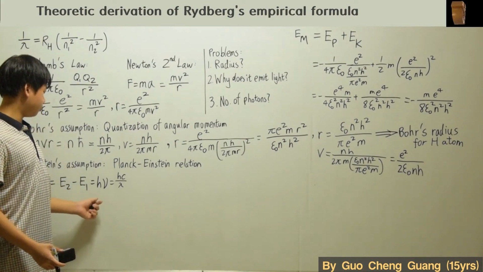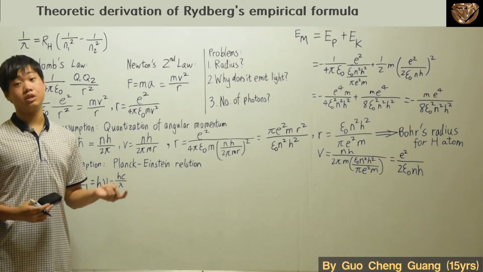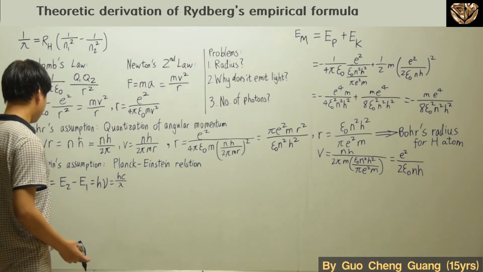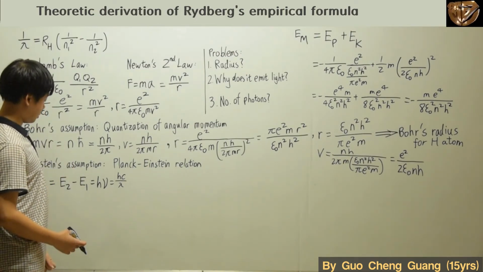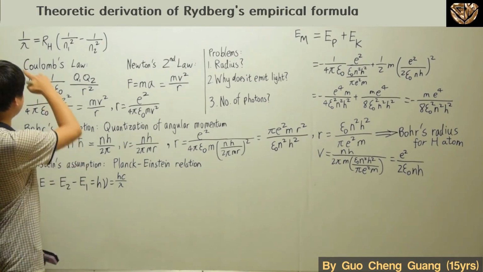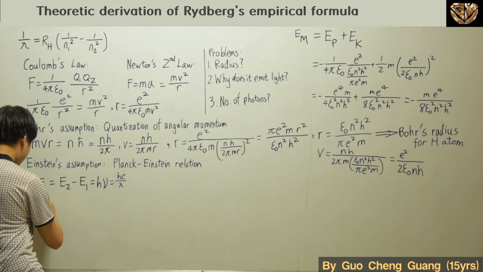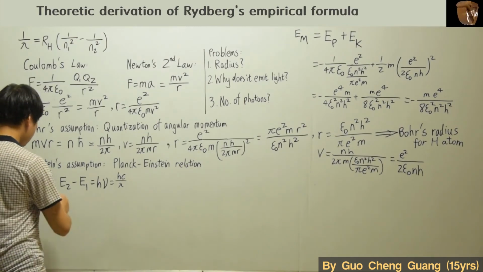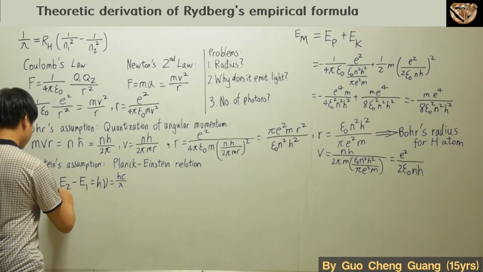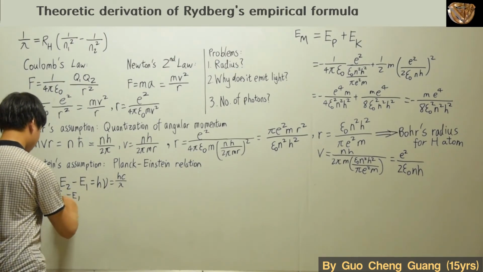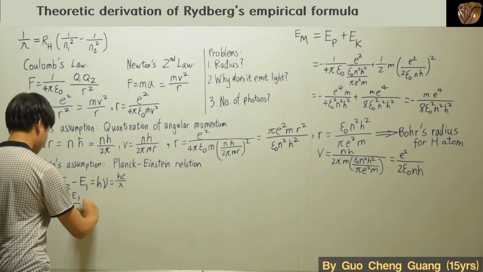But then h, Planck's constant, comes into play here again, right? So now what's so special about this part? Since we need 1 over lambda, that means we can find 1 over lambda. So 1 over lambda is equal to E2 minus E1 over hc.